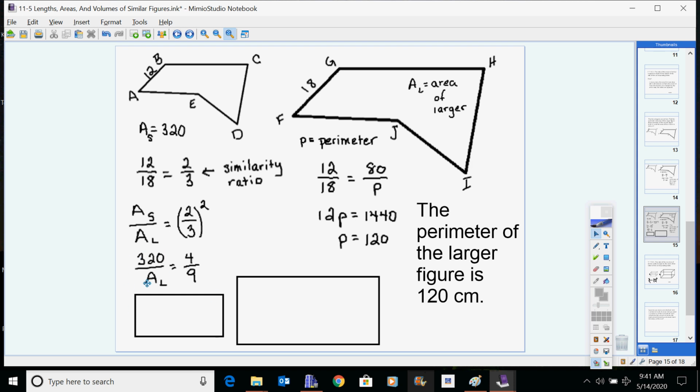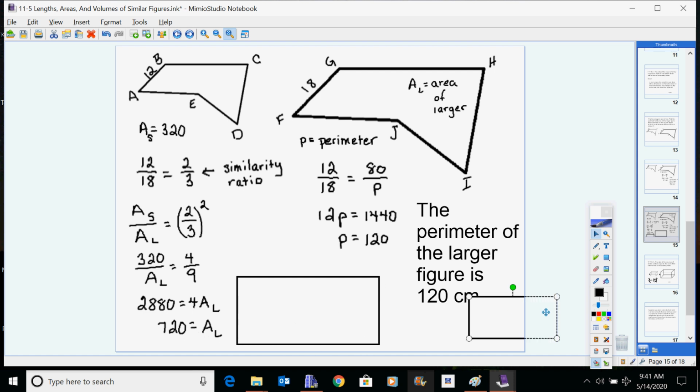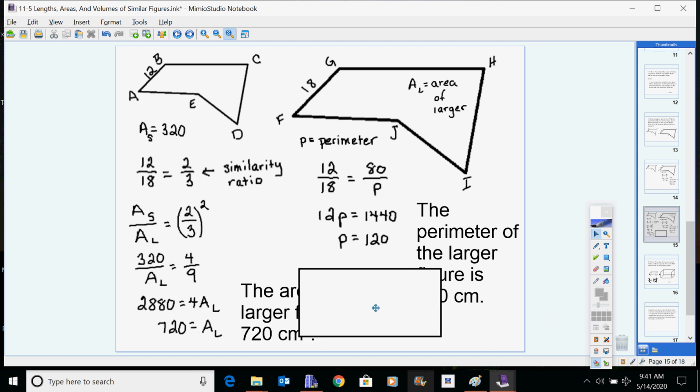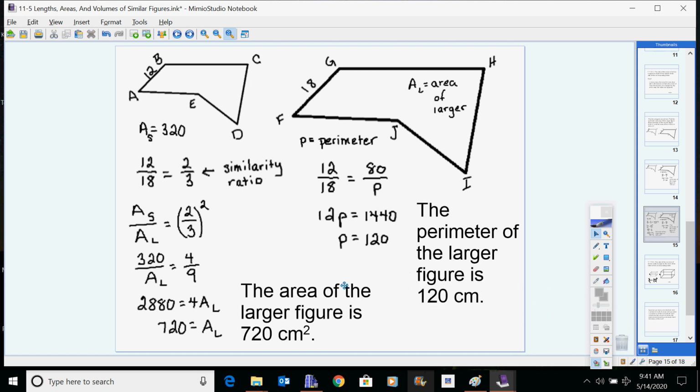Then you can cross multiply. The 320 comes from the information that was given. I can cross multiply. 9 times 320 is 2,880, and 4 times the area of the larger one, and we divide it out and you get the area of the larger one is 720 square centimeters.